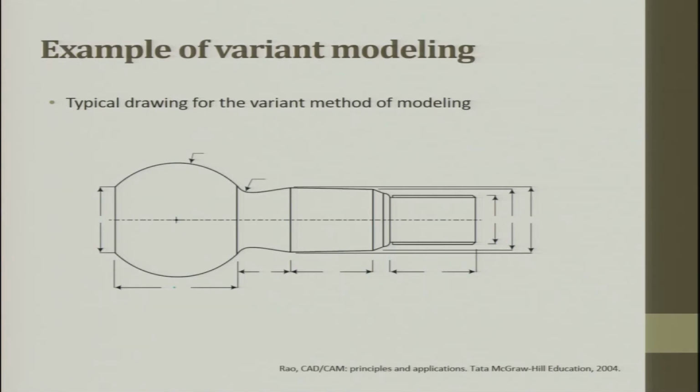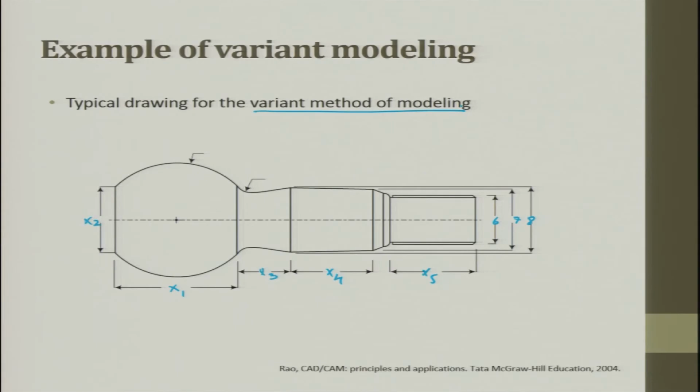Here we define x1, x2, x3, x4, x5, 6, 7 and 8. All these variables have some relationship and this relationship is already established. So all you can do is drop in these values and get different shapes and sizes of this same component. That is a variant method.